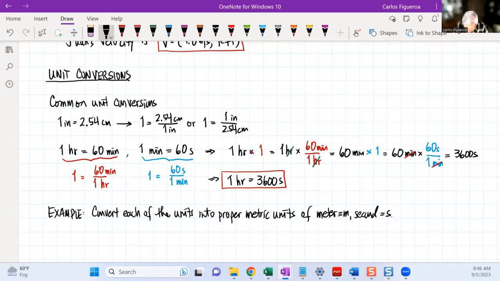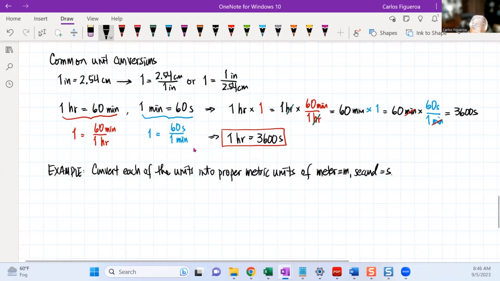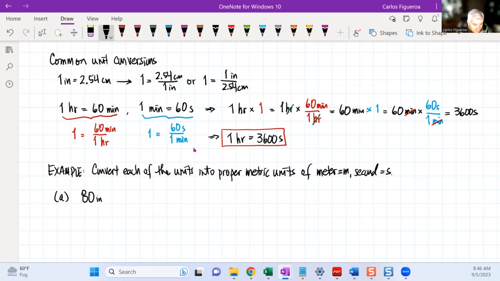So the first one I want to focus on is 80 inches. There are a couple of things that I'm going to expect you to know here. This is a very important relationship right here. So I'm going to start from scratch, use this conversion, and go all the way into meters.